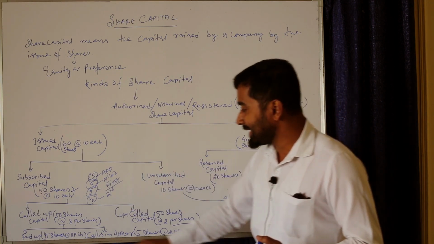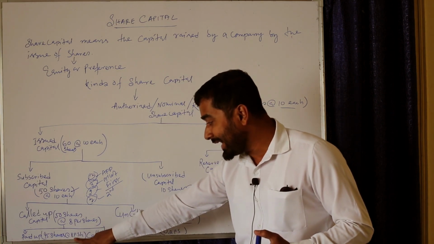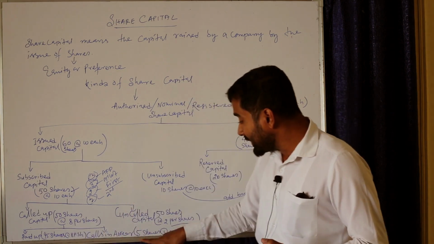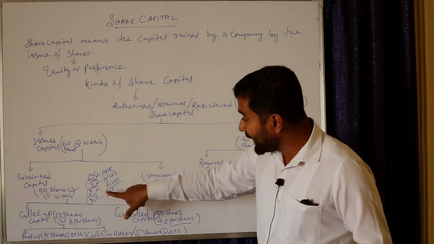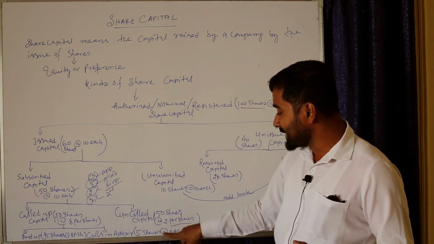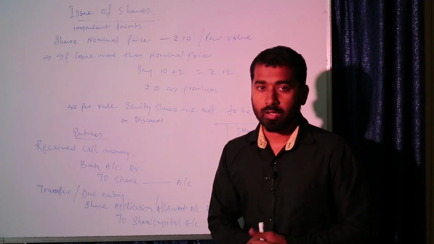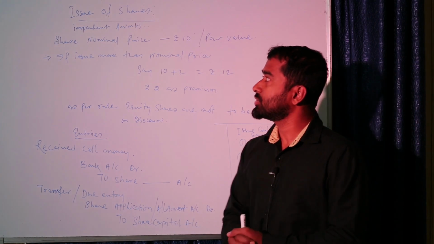Indirectly, the paid up share capital is 45 shares at the rate of 8 per share, fully paid, but those 5 shares have paid only up to allotment, not the first call. So that is why 5 shares at the rate of 2 per share. I hope you understood.